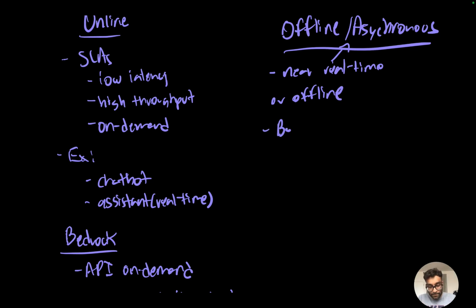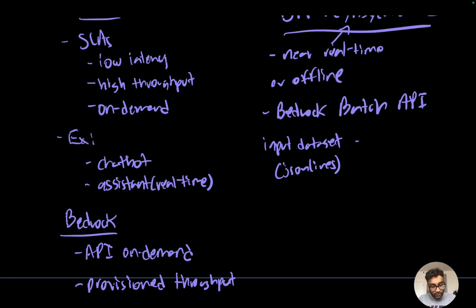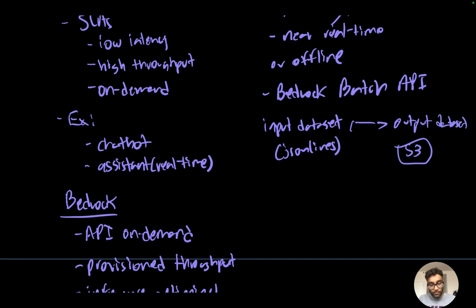That's where the Bedrock Batch API is really effective, because it essentially takes those use cases where you might have an input data set, and we'll notice that the batch API expects a JSON lines file with your inputs, and it will dump an output data set to S3, which contains the model outputs and the corresponding model inputs.